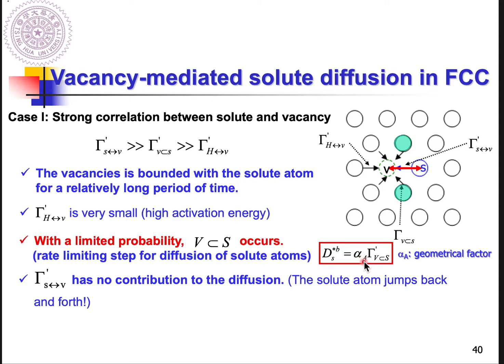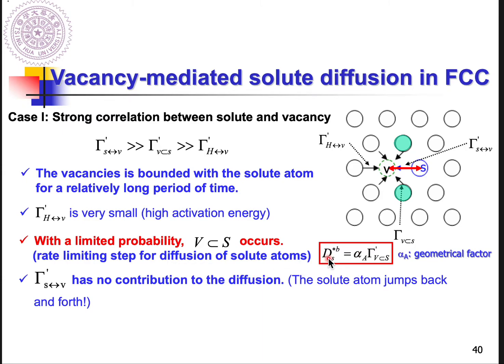All these parameters are put into alpha A here. But the most important thing is that the diffusivity of this solute atom is controlled by the jumping rate between the host neighboring solute atom and the vacancy.